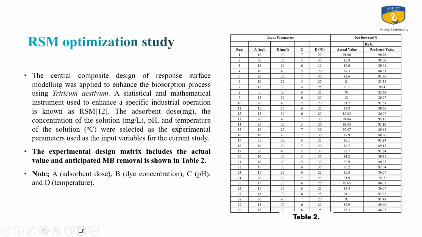This is the optimization study, and in this table you can see a maximum of around 92% to 93% dye removal with the help of Triticum aestivum.